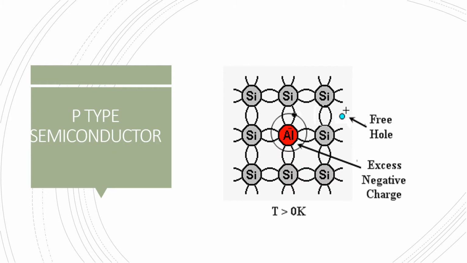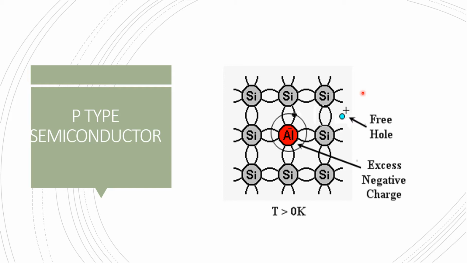So let us study what a P-type semiconductor is in depth. So here suppose we consider silicon or germanium. Here we have taken silicon. The atoms of silicon have 4 electrons in their outermost shell.